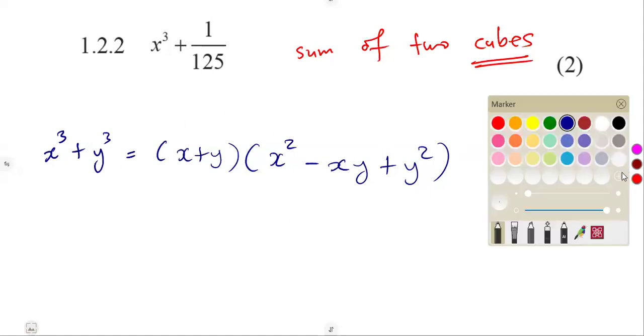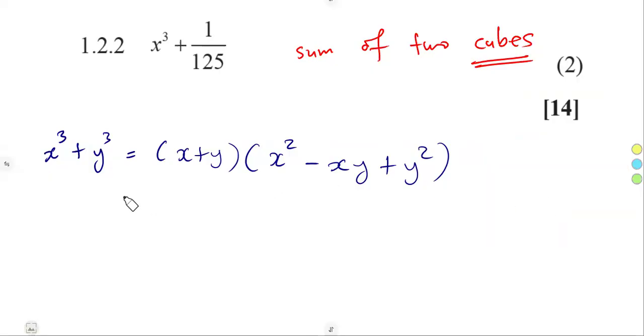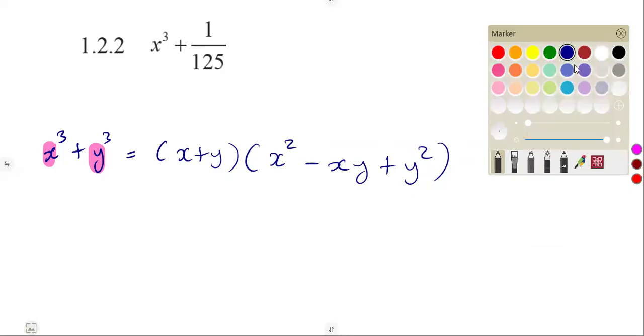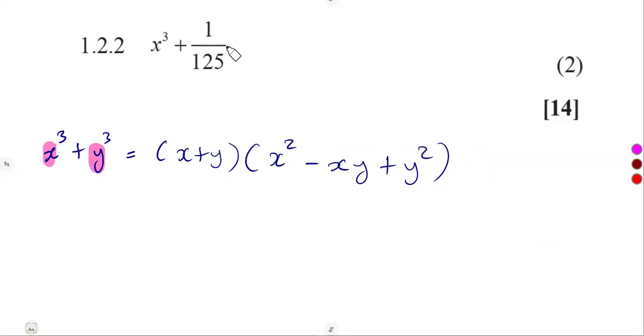So the concept is we have the first term and the last one. So how can we obtain that? A term raised to the exponent of 3 plus another one. Here we can properly see it. We can properly see that one. It is raised to the exponent of 3.